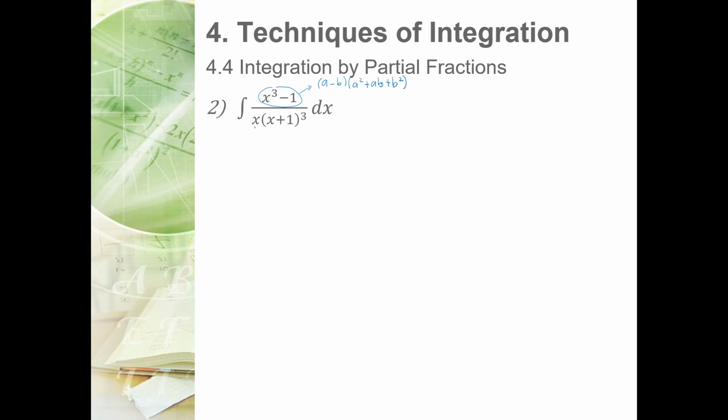Looking at a minus b, it's different from the denominator because that's x plus 1. So we have to retain the item because it cannot be simplified any further. Looking at the denominator, you have two factors, x times x plus 1 cubed. The first is a distinct linear factor. The other is a repeated linear factor to the power of 3. Okay?